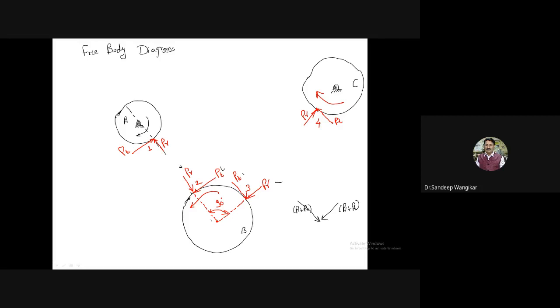But I don't want loads, I want reactions. Reactions are the opposite forces to the loads, from the bottom side. So what we have to calculate is nothing but the reaction. This is one reaction, and this is another reaction. Each reaction has the magnitude PR plus PT. Okay, so let us complete.